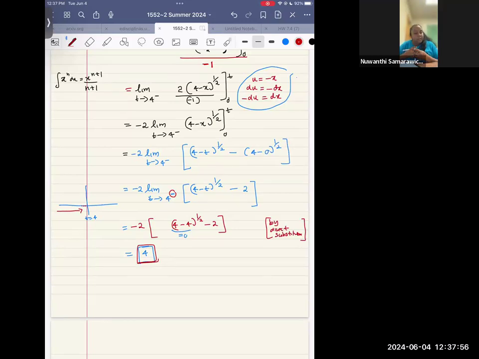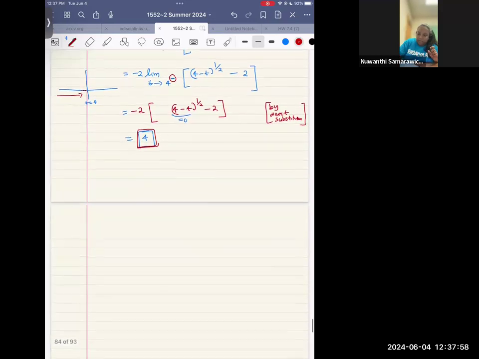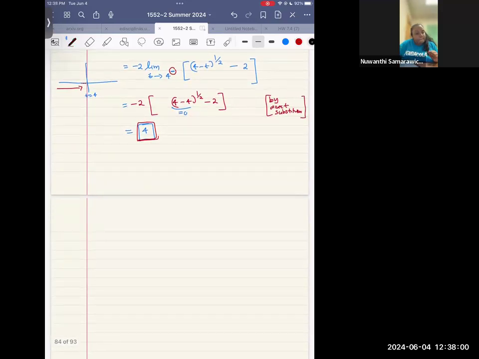Okay, so let's do another one to understand. Can I try this example? The integral from 0 to 3 of dx over x minus 1.